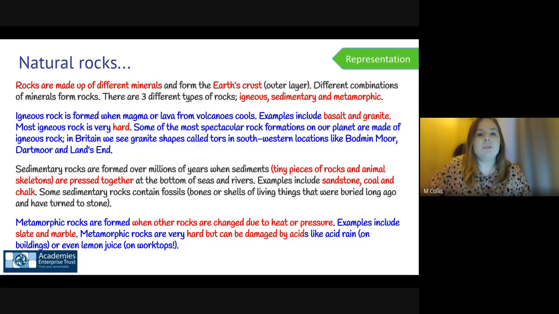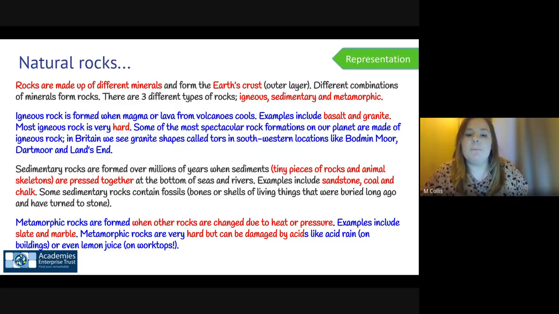Most igneous rocks are very hard. We can see some of these granite shapes in western locations such as Bodmin Moor, Dartmoor, and Land's End. If you want to have a little bit of a Google later on, you can look up those places.